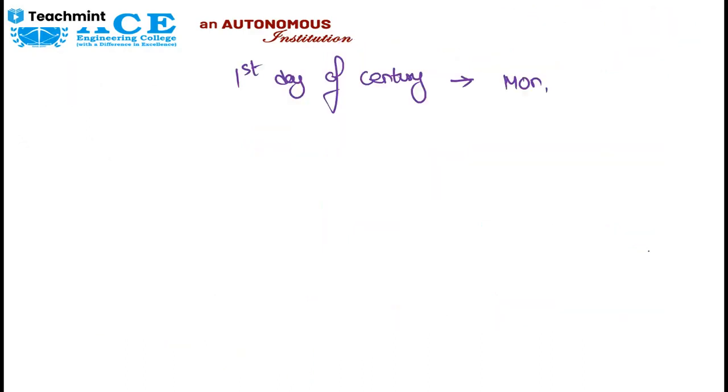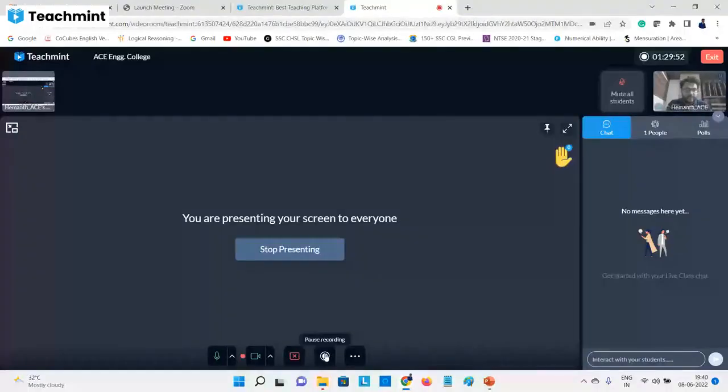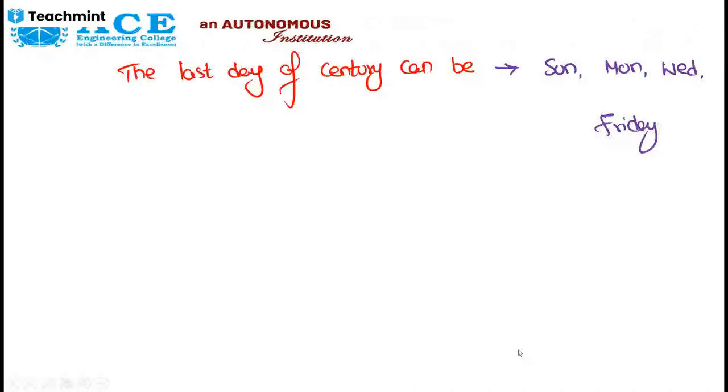It can be Tuesday. It can be Thursday. It can be Saturday. You try later. First day of century can be this. Yeah, we know last day of century can be Sunday, Monday, Wednesday, Friday.